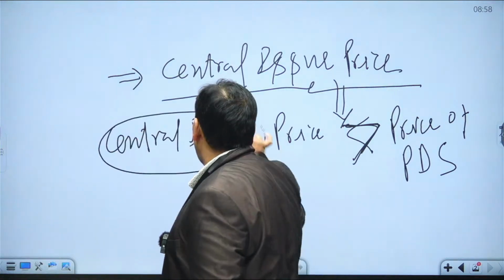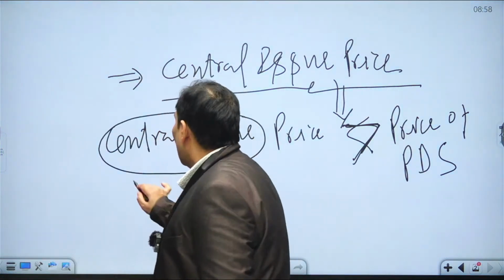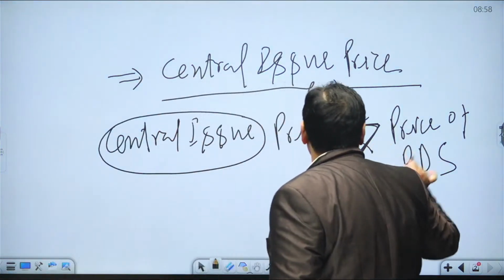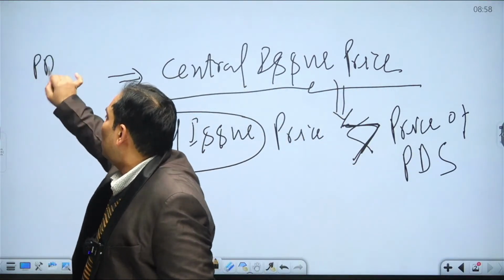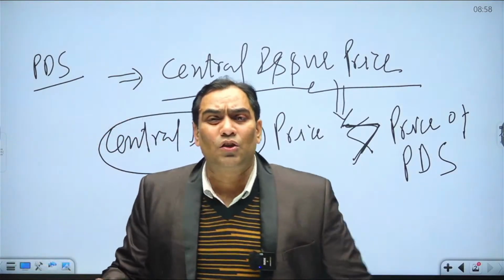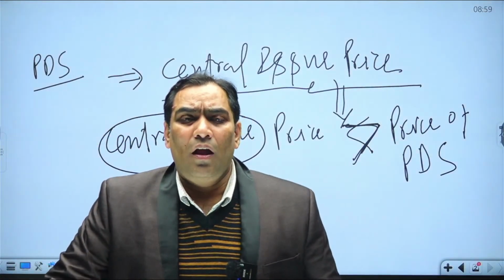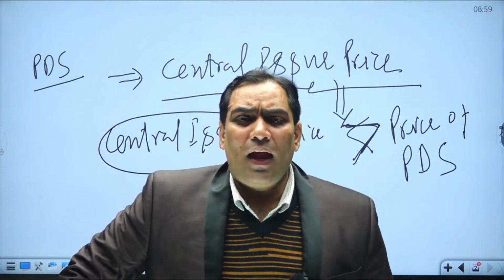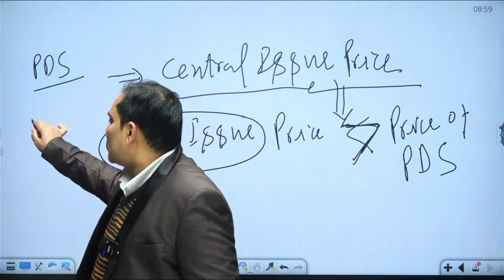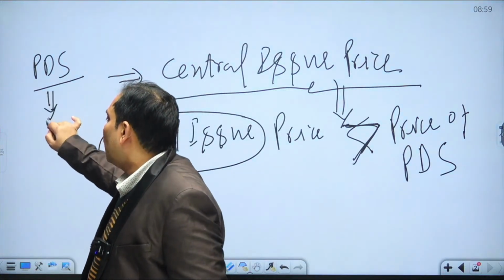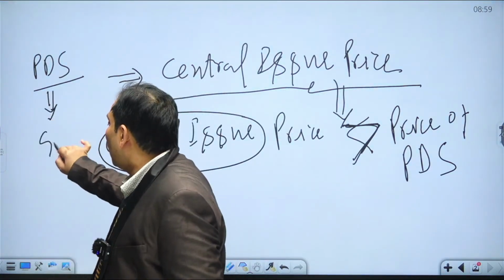Central issue price is the price at which FCI sells to the state government. It cannot be more than the PDS price, because how do I define PDS? PDS is nothing but distribution of food grains among the citizens at a subsidized rate. So whatever price the central government procures at, they are going to give the subsidy.